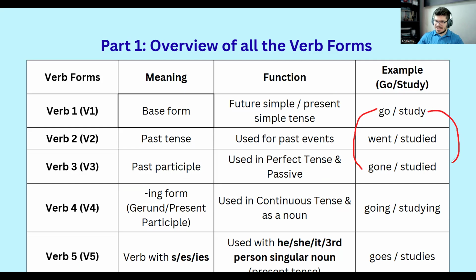Study stays the same as studied. And then if we understand verb 4, we put ing. Okay. And then if we want to understand verb 5, we put sometimes es, sometimes ies. Okay. The situation will change.